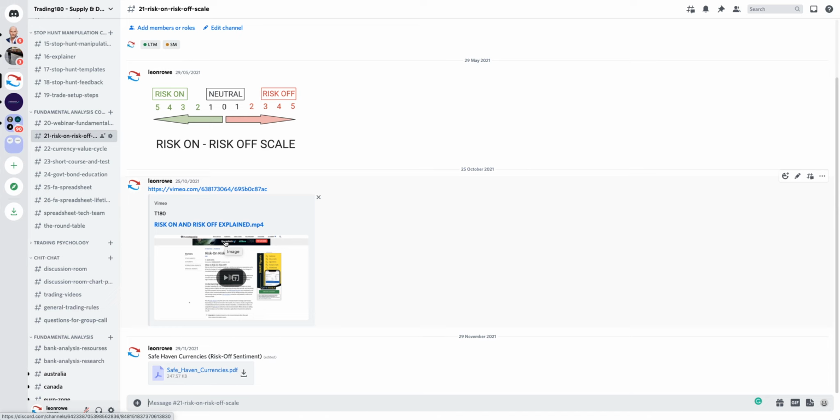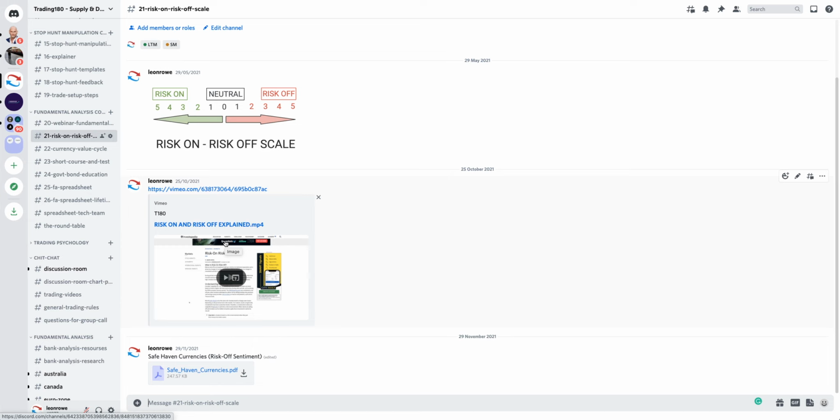But in short, the market is generally in two environments, which is risk on and risk off. Risk on is when everything is fine. There is no fear, uncertainty, or doubt in the market, and traders would like to put a lot more risk on the table for higher returns.